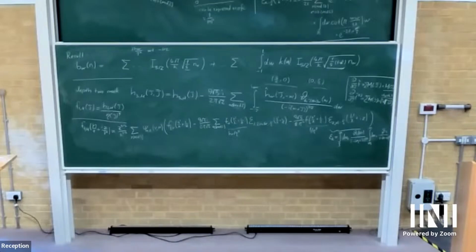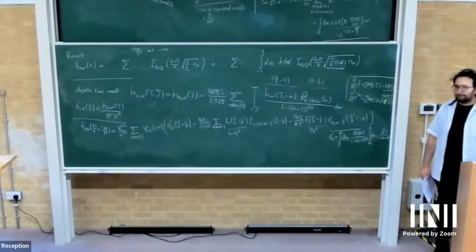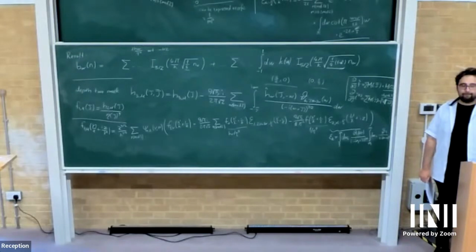This is a universal formula that basically just has two inputs from the form. So I'm just curious, what is the analogous version in the modular case?